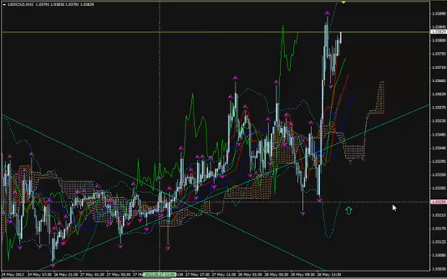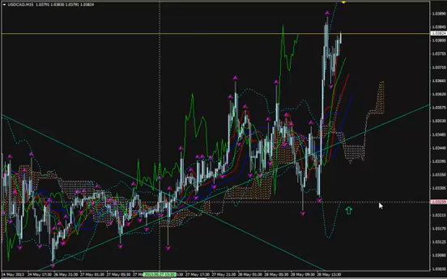This horizontal line shows where our chart signal long entry was given, and this vertical line shows the time point where we gave our signal.